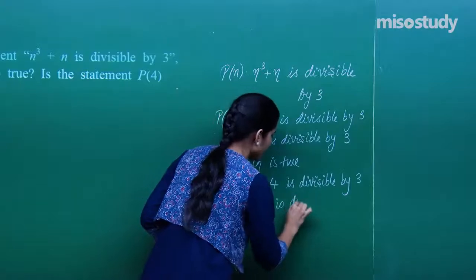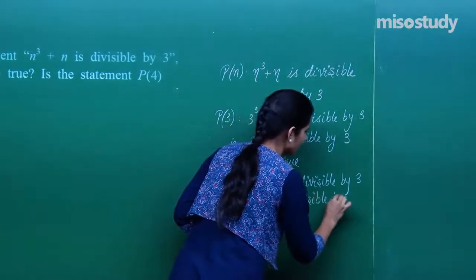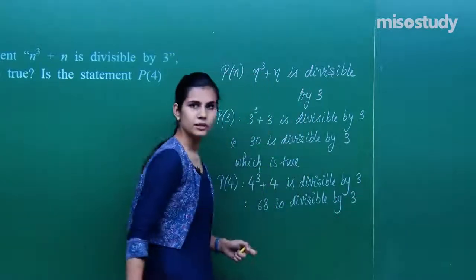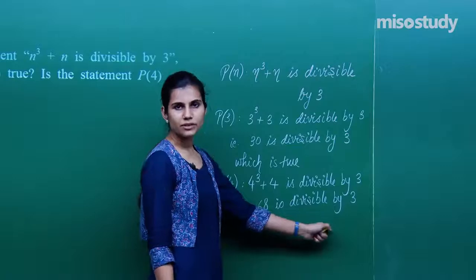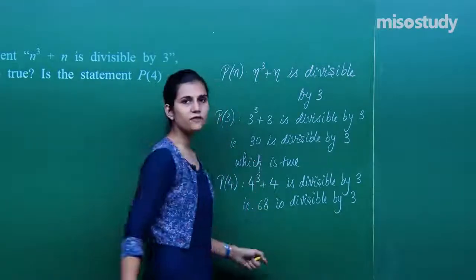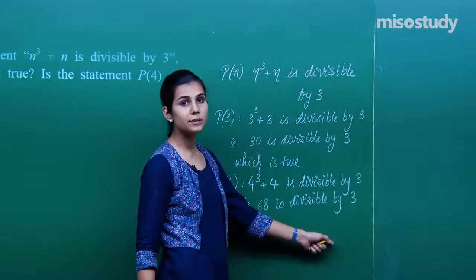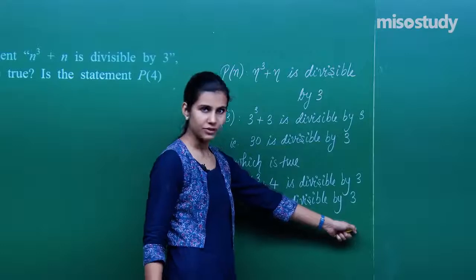So is 68 divisible by 3? When you add 8 and 6, you don't get any number which is divisible by 3. 8 plus 6 is 14 and 14 is not divisible by 3. So by divisibility test of 3, I know 68 is not divisible by 3.